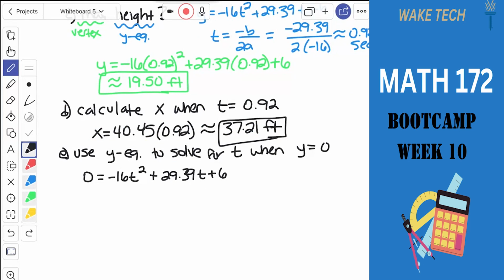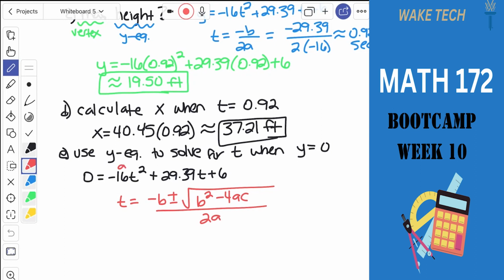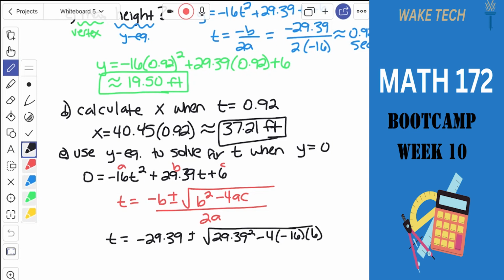We can't factor this, it isn't going to factor, but we can use the quadratic formula. That's negative b plus or minus the square root of b squared minus 4ac, over 2a. In our case, that's negative 29.39 plus or minus the square root of 29.39 squared minus 4 times negative 16 times 6, all over 2 times negative 16.